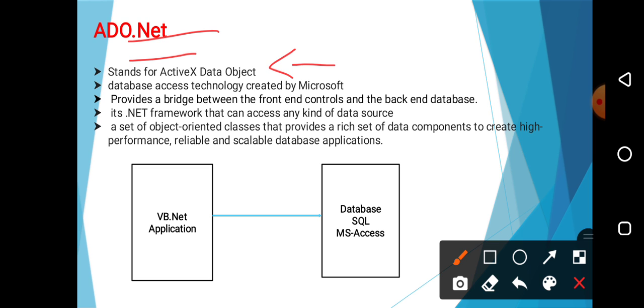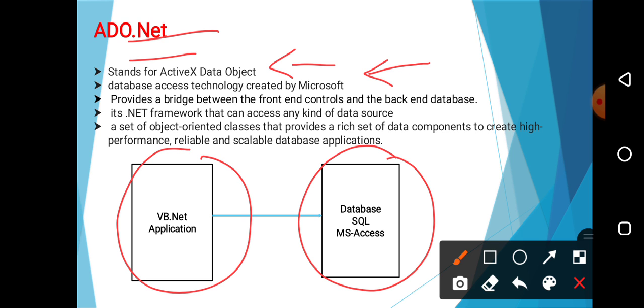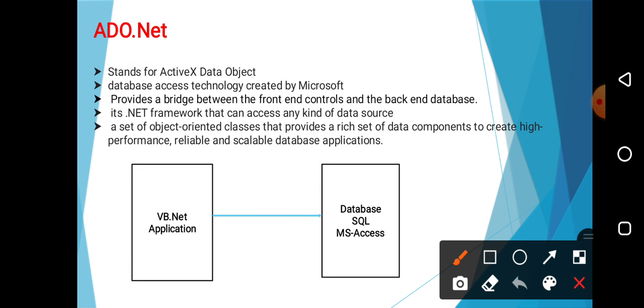This database access technology, as I said, is used to access the database, and it was created by Microsoft. It is a bridge between the front end and the back end. The .NET framework can access any kind of data resource: it can access SQL, MS Access, Oracle. Whatever database you are connecting with your VB.NET application will get accessed by ADO.NET.